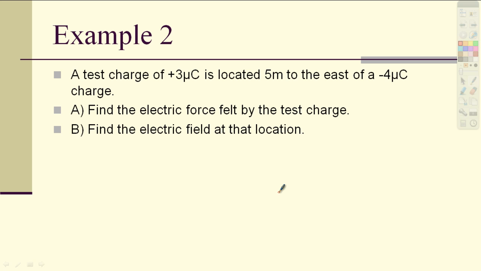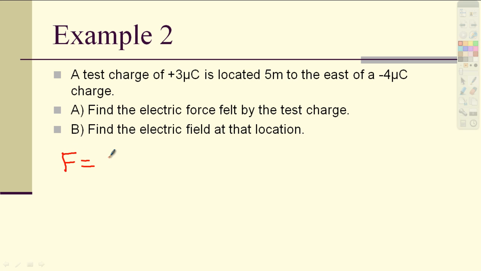Example number 2, a test charge of positive 3 microcoulombs is located 5 meters to the east of a negative 4 microcoulomb charge. First, I'm going to find the electric force felt by the test charge. So to find force, we are going to have to do Coulomb's Law.